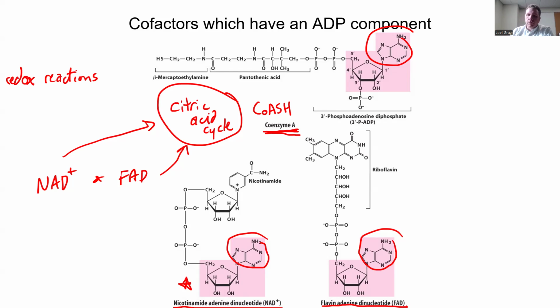From glycolysis, we used NAD plus to make NADH, and we're gonna use that later on. So if there's an important takeaway from this slide, it's really intended more for, hey, don't forget about this role. They're cofactors.